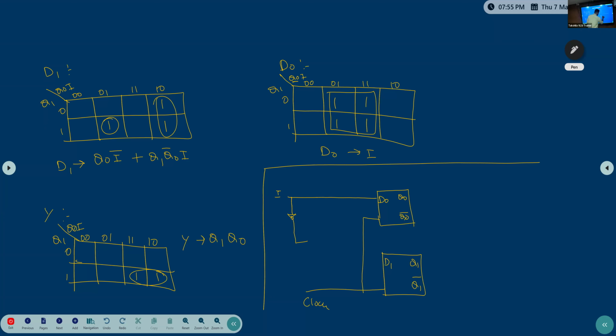After this, Q0 also I need to get. This is the Q0. Q0 and I bar together go to one AND gate. After that, Q1, Q0 bar, I. So Q1 is this one. Q0 bar means this one.